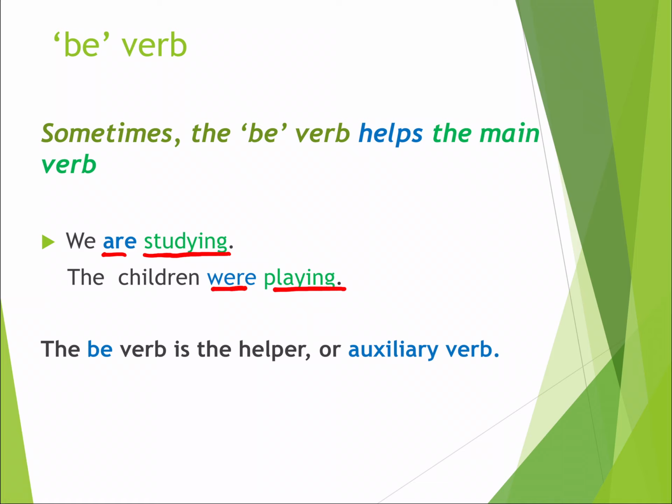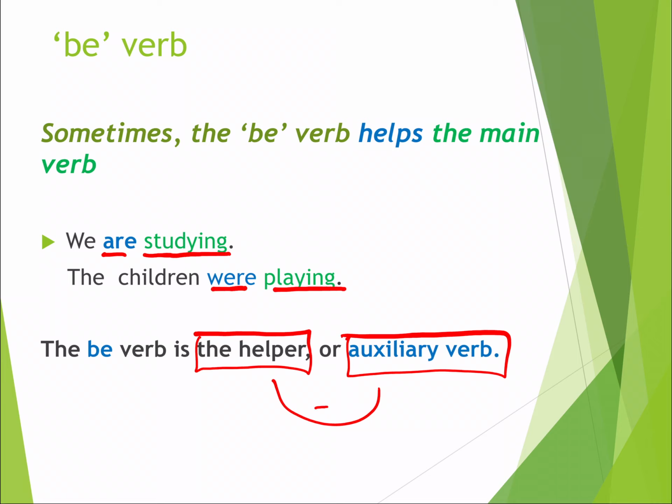It's also called the auxiliary verb. These mean the same, the helper verb or the auxiliary verb. And the point is that some verb tenses require or they need a helper verb plus a main verb to form the verb tense. So you'll hear your teacher use these words.